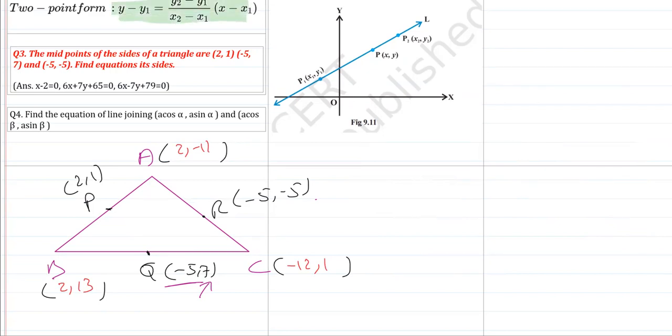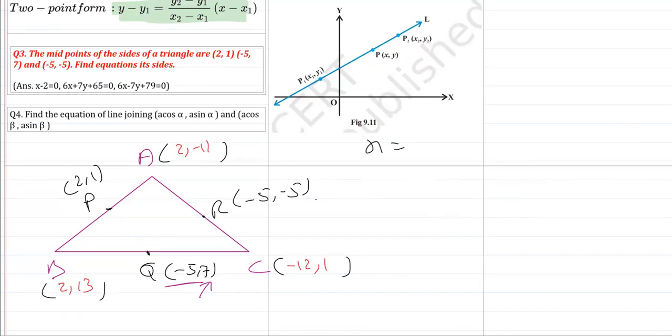Right. For AB, what you can see here is that the x coordinate of AB throughout is 2. So you know that this is the case when the line is parallel to the y-axis. I repeat, when you see that the x coordinate of all the points in a line is the same, that means it is a line parallel to the y-axis, and you know the general equation is x is equal to a.